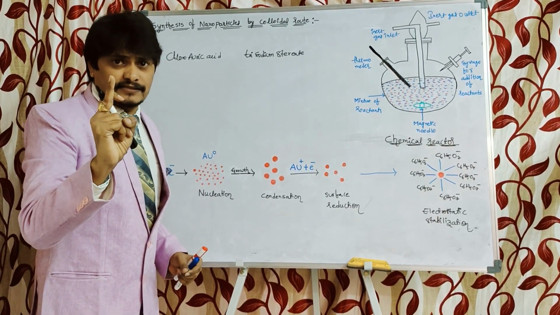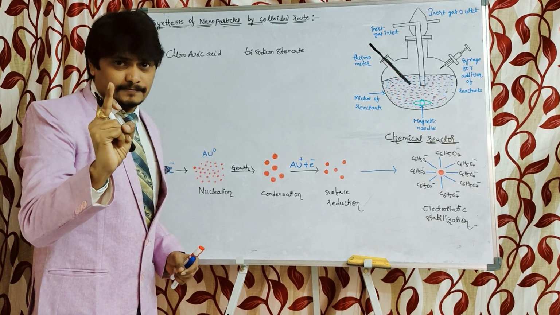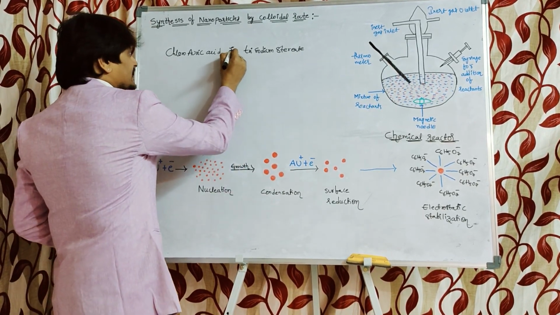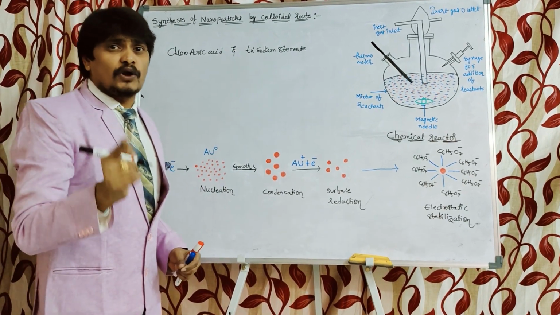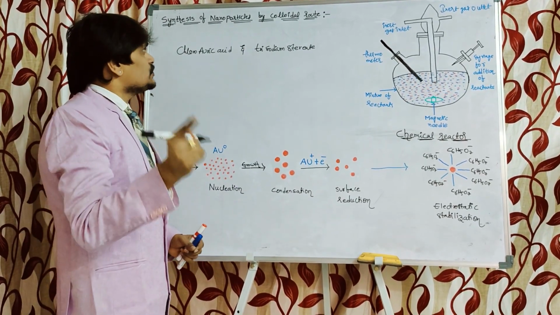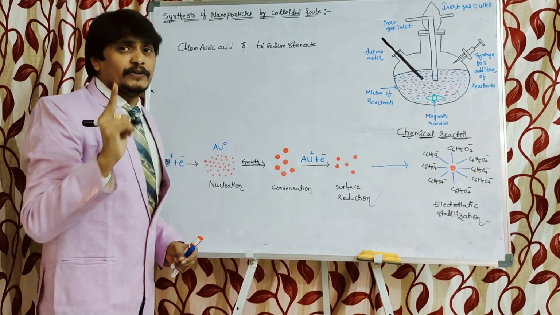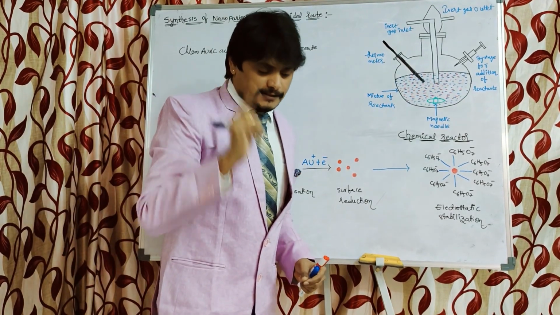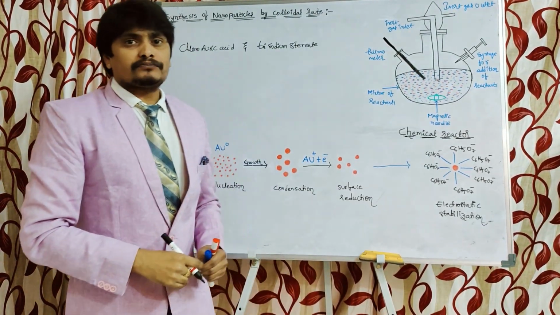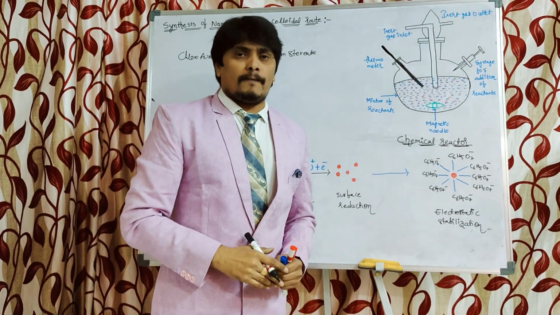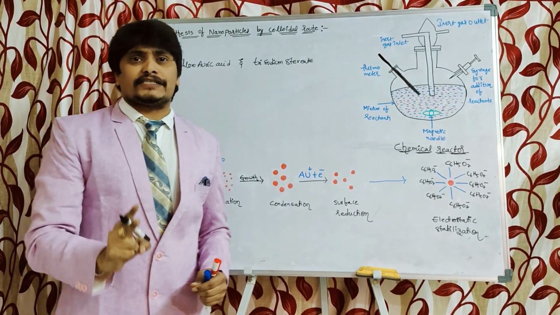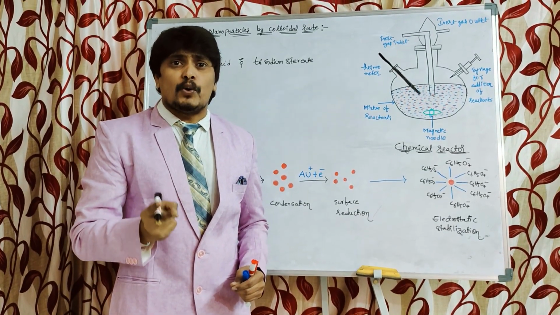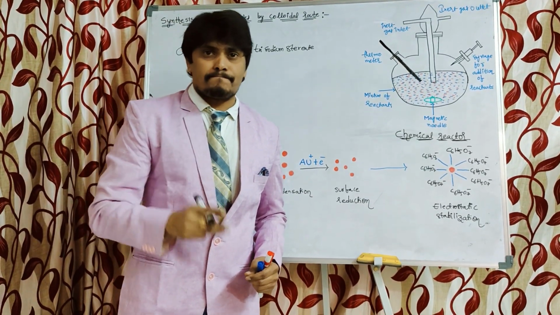The one is the gold acid, which is chloroauric acid, and the second reactant is the reducing agent, which is trisodium stearate, students. Now, what are the molecular formulas of these two reactants or precursors required for the preparation of nano gold using the colloidal route?